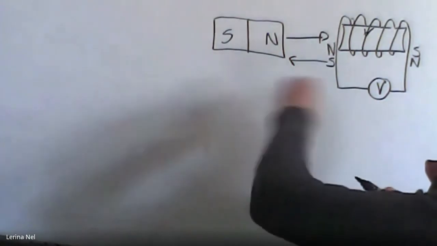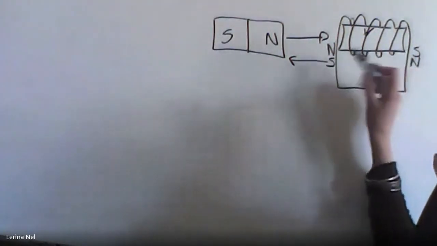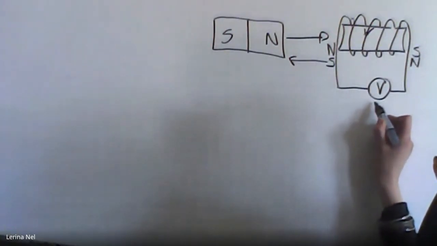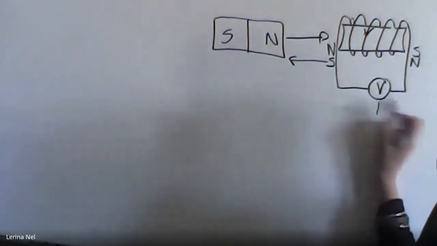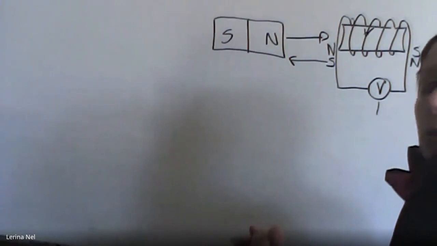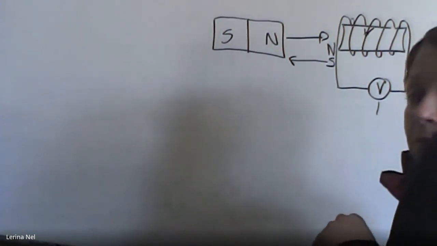So when this moves back and forth, it does generate a change in magnetic field, which means the current is going to constantly move, and therefore the voltmeter will have deviations in both directions. This is actually alternating current, which is the current that we will discuss in detail.